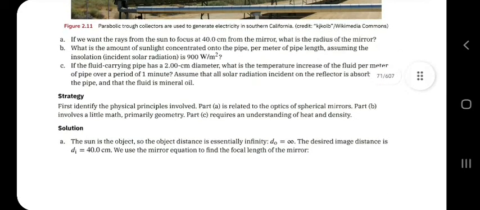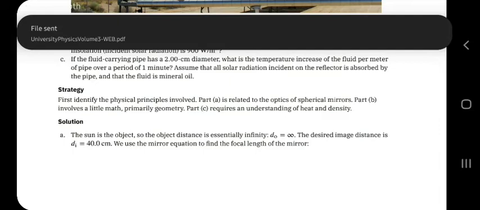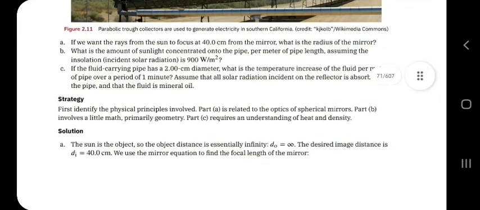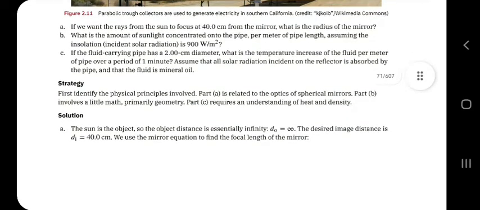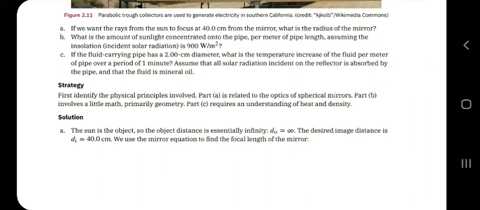So, solution. First is to identify the physical principles involved. So, part A is related to the optics of spherical mirrors. Part B involves a little math, primarily geometry, and part C requires an understanding of heat density.